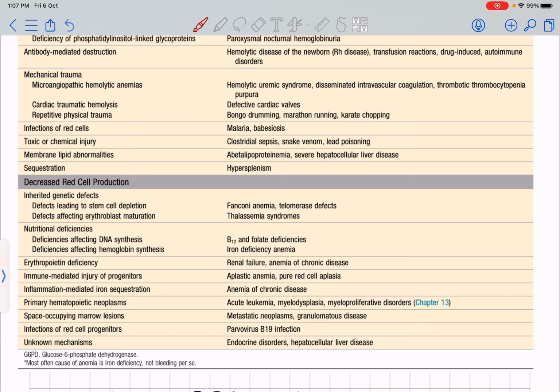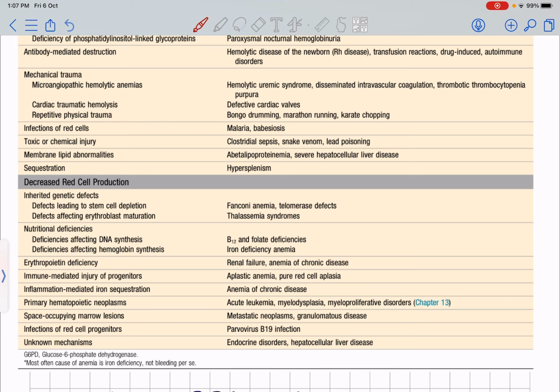Primary hematopoietic neoplasms: acute leukemia, myelodysplasia, and myeloproliferative disorders, which will be in chapter 13 of Robbins. Space occupying marrow lesions: metastatic neoplasms, granulomatous disease, infections of the red cell progenitors, parvovirus B19 infections, one of the most common causes of reduced RBC.